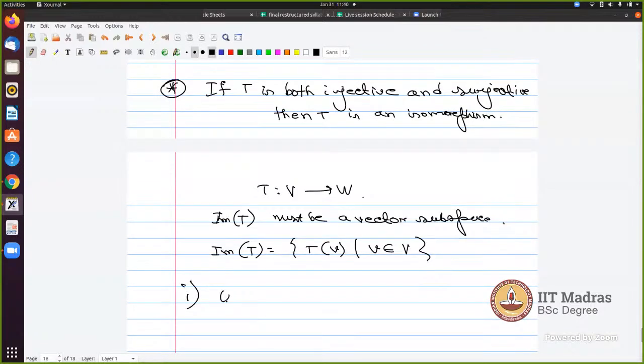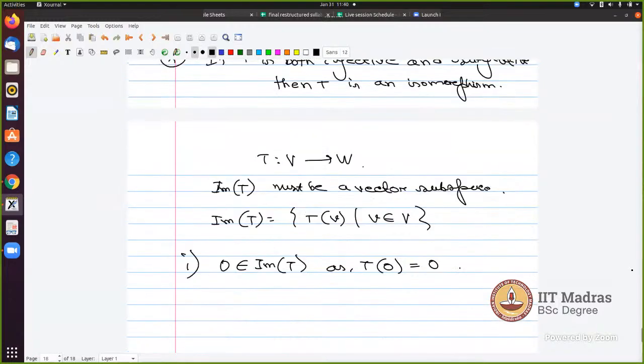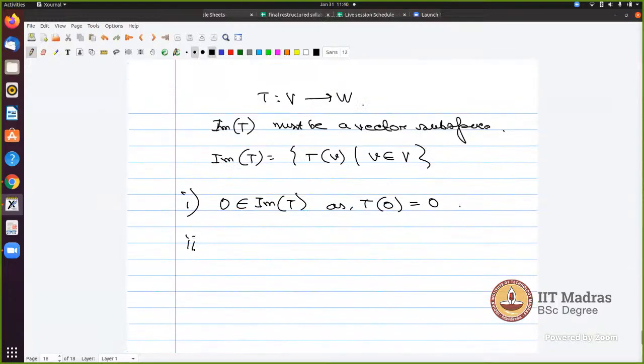Now 0 belongs to the image of T, as T(0) is basically 0. Then suppose two elements I have taken, T(v1) and T(v2). These two are in the image of T. Then what about the sum of these two?